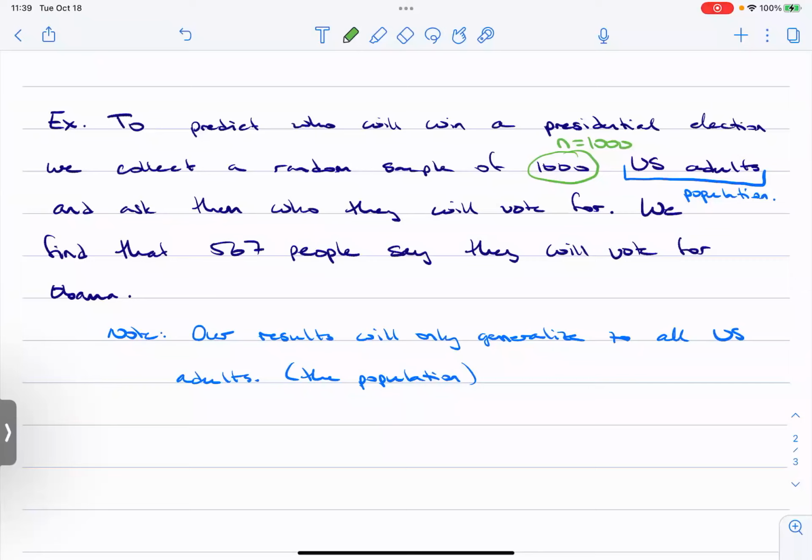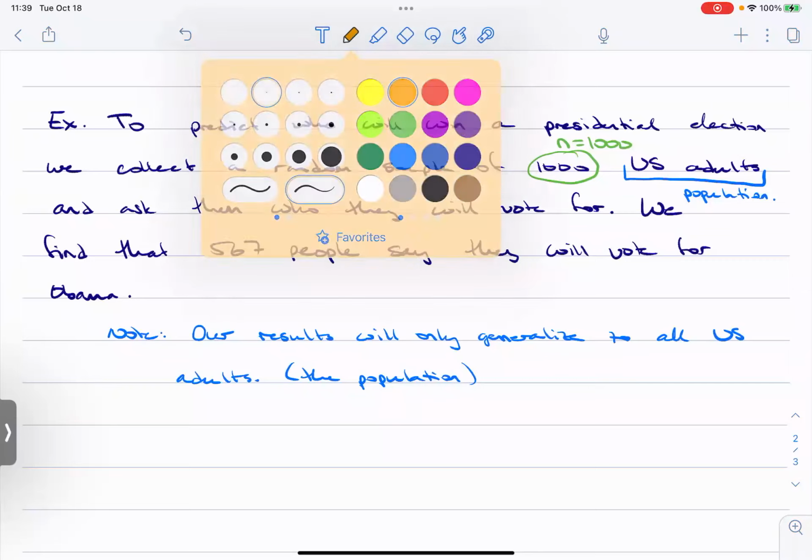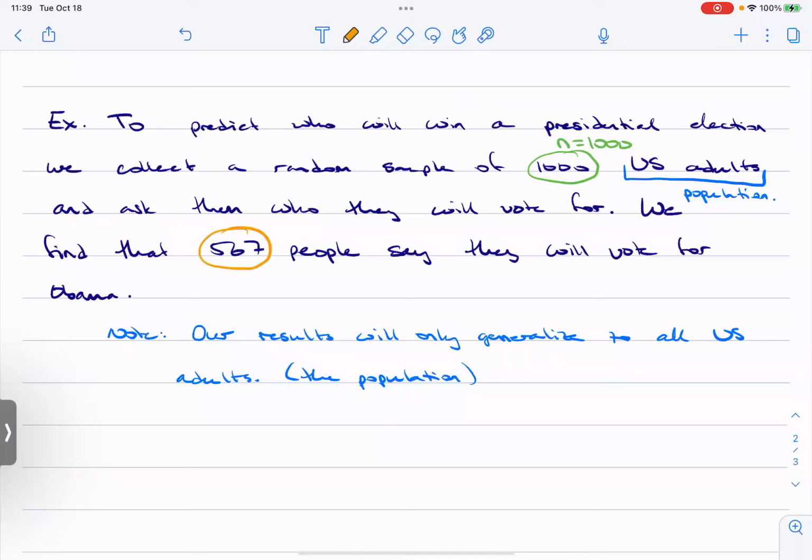And we found that 567 people said that they would vote for Obama. This is what we call the number of successes, if a success is someone saying they'll vote for Obama. In this case, it's all the information that we have.